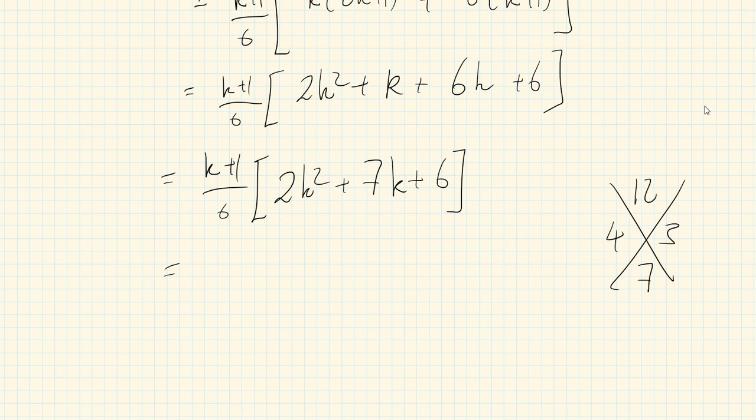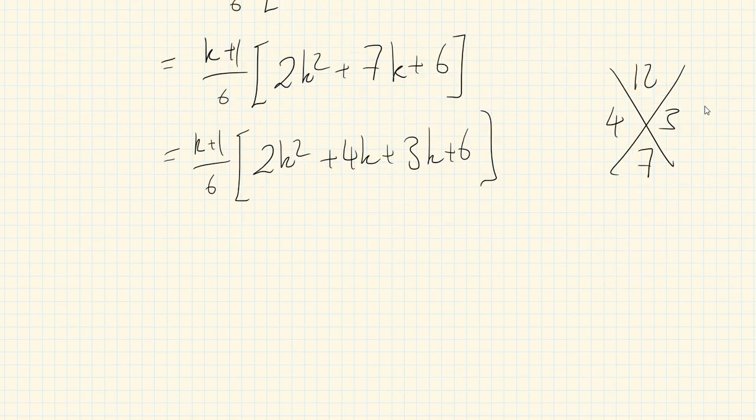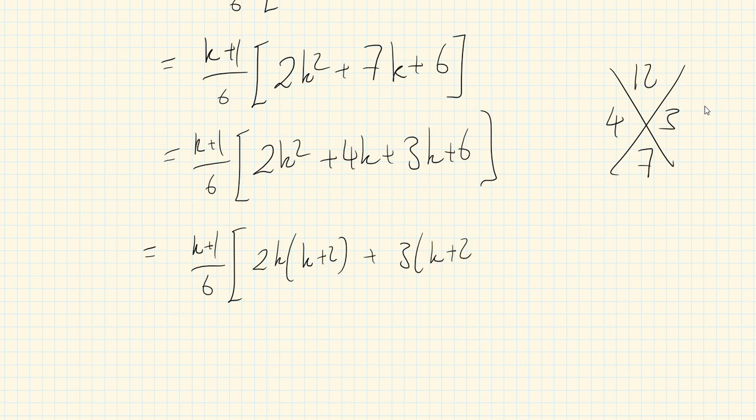So I can rewrite that as 2k squared plus 4k plus 3k plus 6, which is totally equivalent. And then we can factorise it as 2k, k plus 2, and the right hand side part is 3 lots of k plus 2.